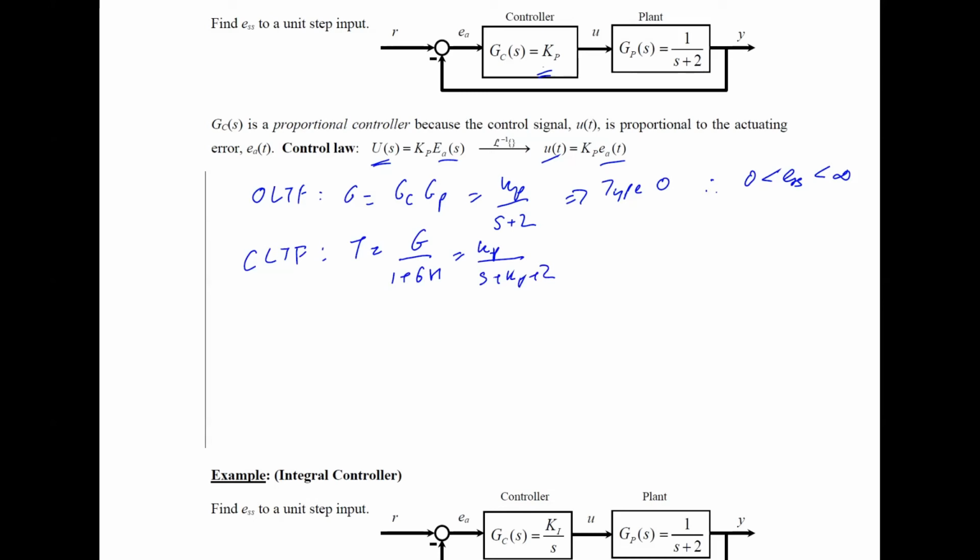From the formula, we end up getting the steady state error equal to the limit as s tends towards 0 of s times R(s) times 1 minus T(s), and that ends up being the limit as s tends towards 0 of s times, for a step input.